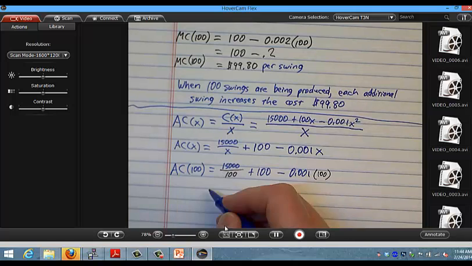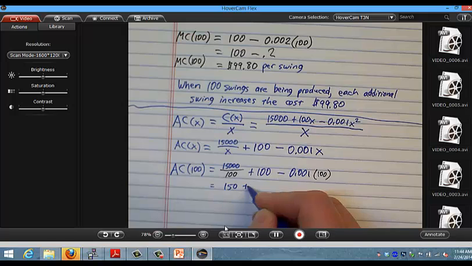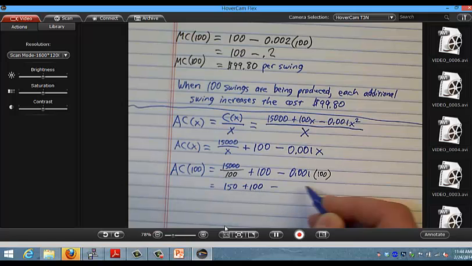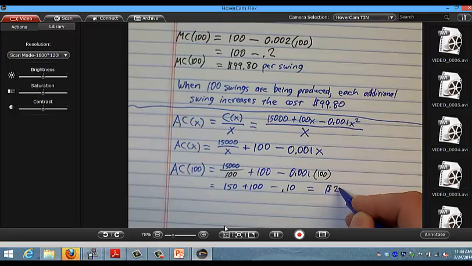I could use my calculator, but I could also just work it out here. 150 plus 100 is 250 minus a dime, right? So the average cost of producing 100 swings is $249.90. So you better charge more than $250 or you're not going to make any profit.